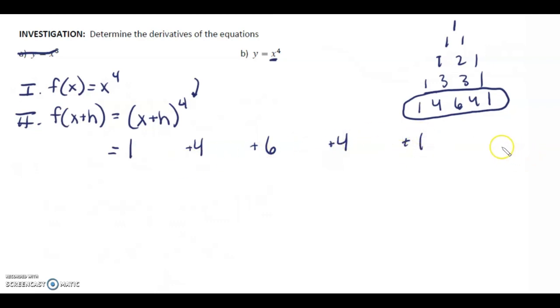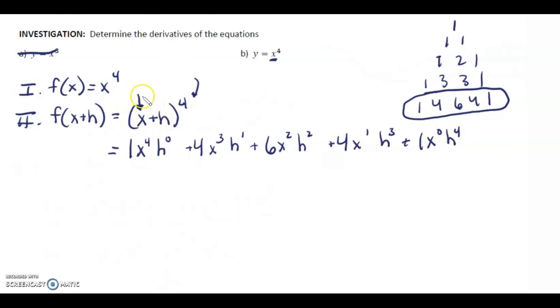Those are the coefficients. Now let's pattern the x's. We're going to have x to the 4, x to the 3, x to the 2, x to the 1, x to the 0. Now let's pattern the h's. H to the 0, h to the 1, h to the 2, h to the 3, h to the 4.